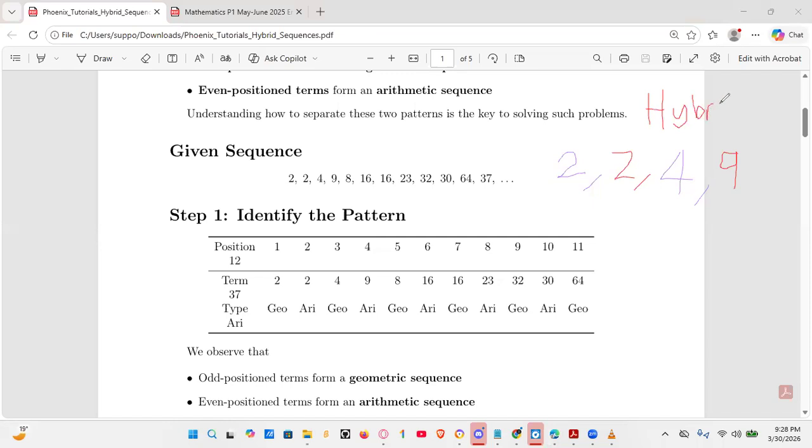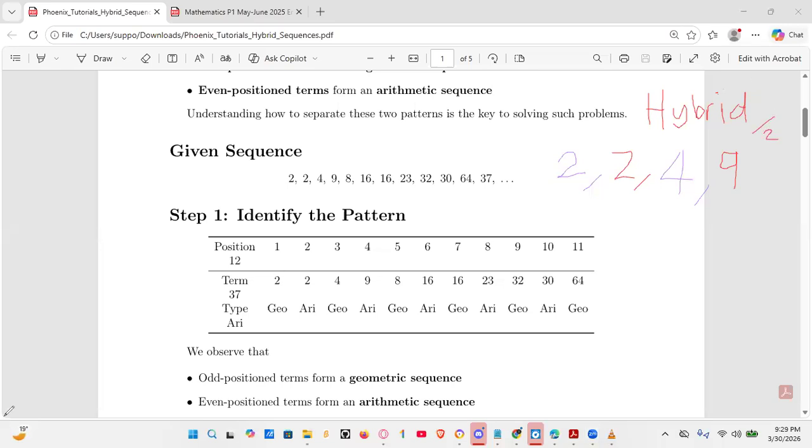So for a hybrid sequence, you have to divide by 2, and it's much better to use the combined formula as opposed to looking at them as individual sequences, because that can get complicated. So it's a hybrid. If it's a hybrid, we'll divide by 2.